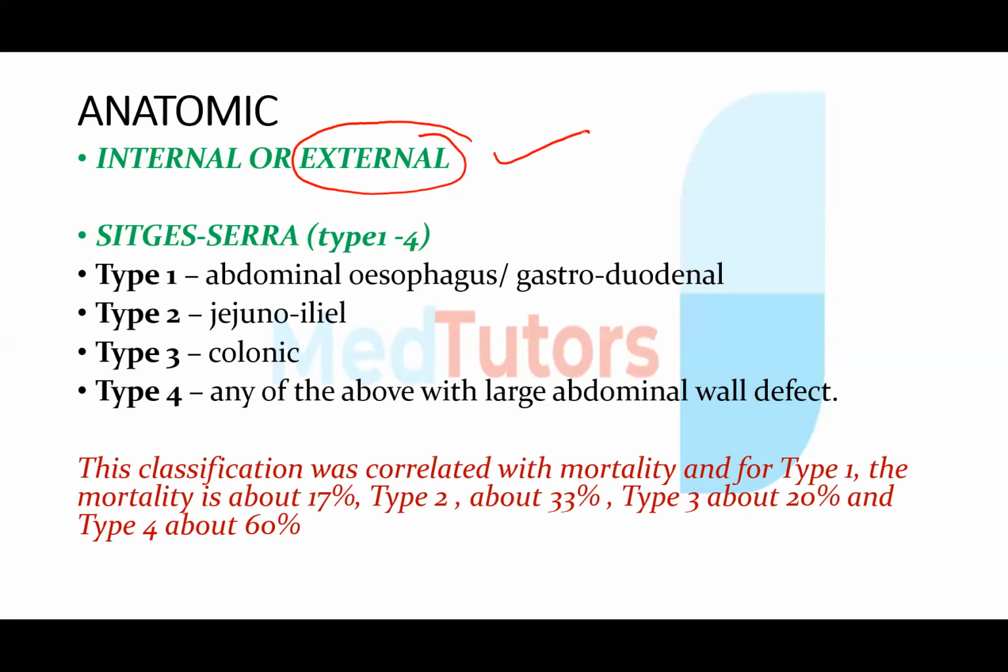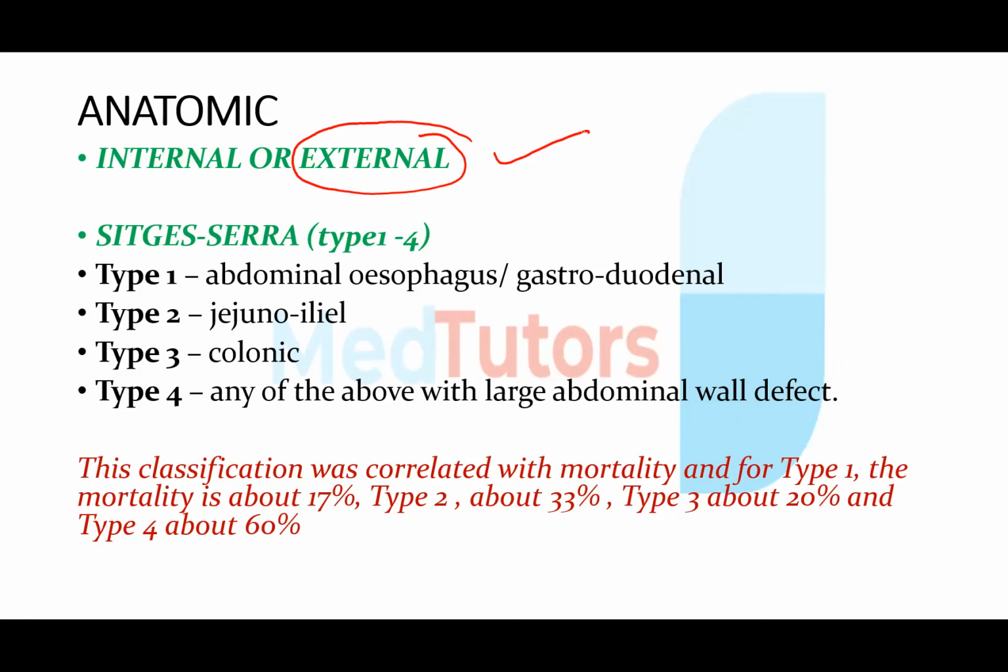However, a more reliable or important way of classifying enterocutaneous fistula that correlates with mortality in patients is using the Sarr classification that categorizes fistulas into type 1 to type 4. Type 1 is esophagogastroduodenal fistula.